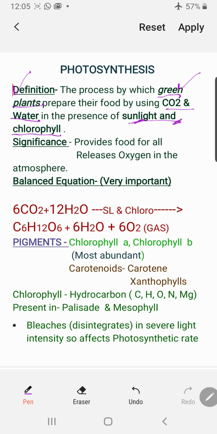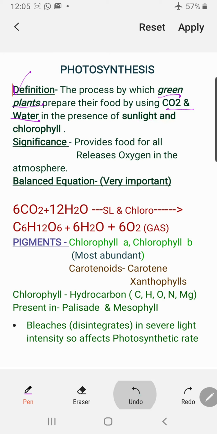Sometimes people think, okay, what is the purpose of mentioning? It's not necessary to mention sunlight or chlorophyll. What if we forget to write? Nothing is going to happen. But children must understand that this is an operative term, right? So you must understand: green plants, carbon dioxide and water, and sunlight and chlorophyll.